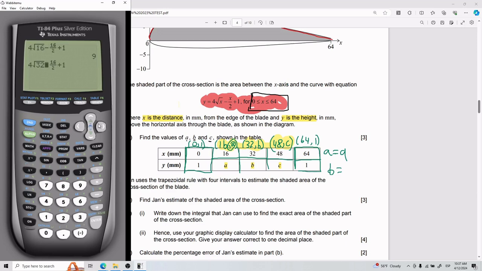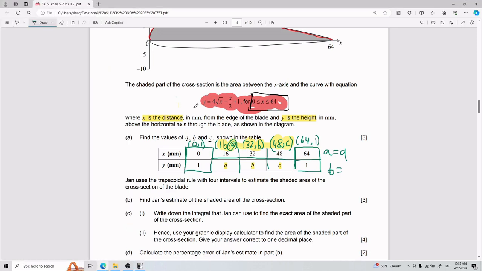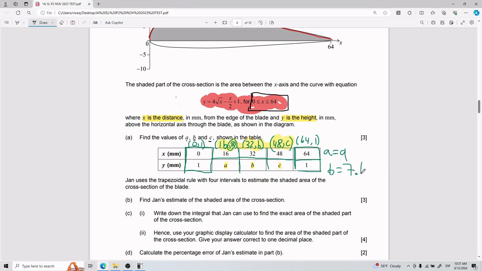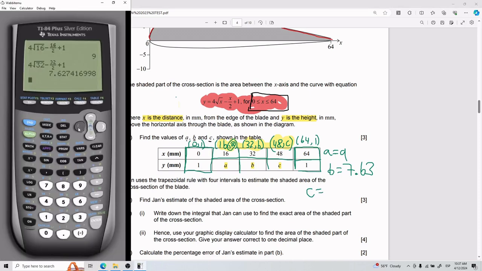Again, all I'm really doing is plugging in my x values in this equation here. If you plug in 32, you get a B value of 7.627. With significant figures, you would leave it as 7.63. And for this third one, we're just going to plug in 48.